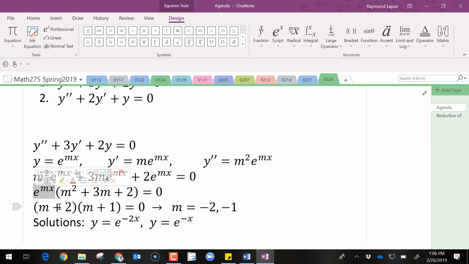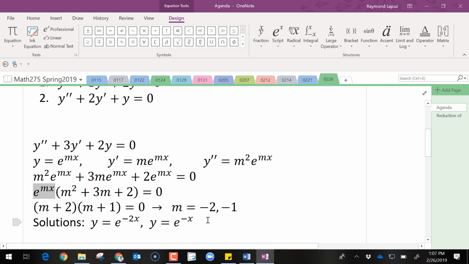There's a couple of things that have to happen. First, the number of solutions you have should match the order of the differential equation. Does that statement make sense?